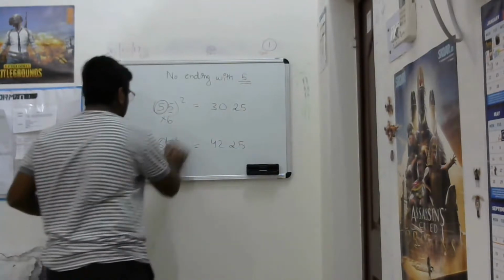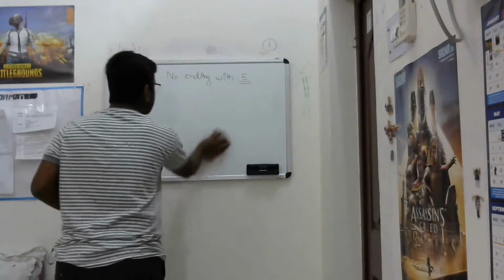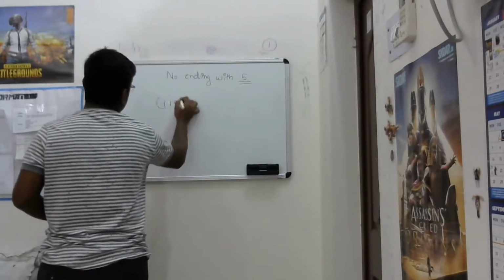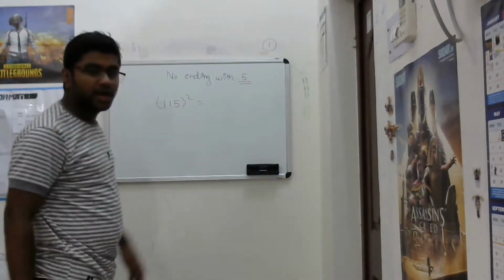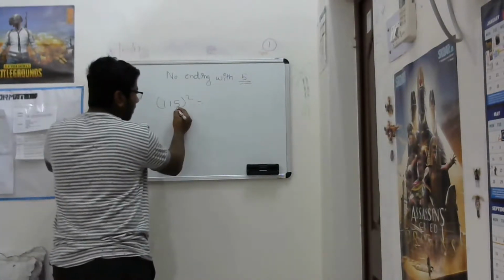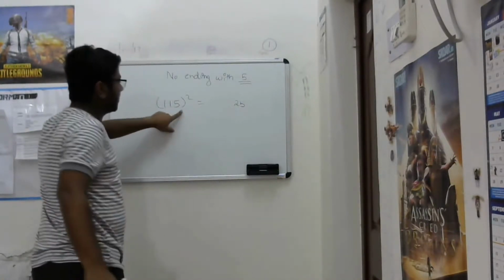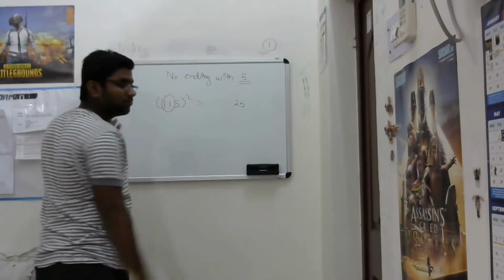Likewise, when you become good with multiplication, you can even calculate numbers like 115 squared. As I told you, write 25 in the end, that's for sure. Ignore the 5 here. See the rest of the digits, that is 11.